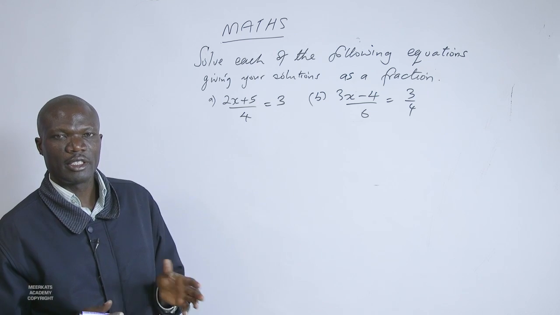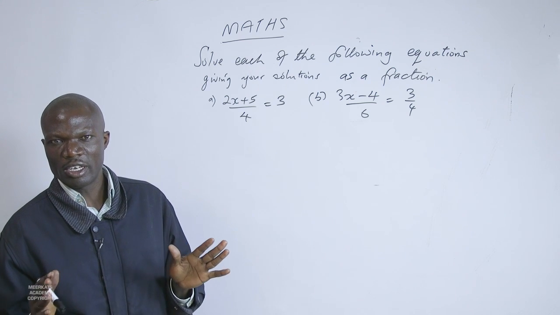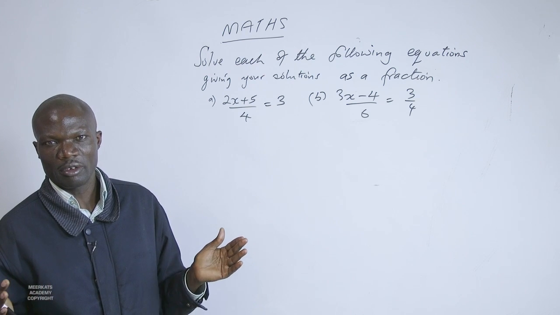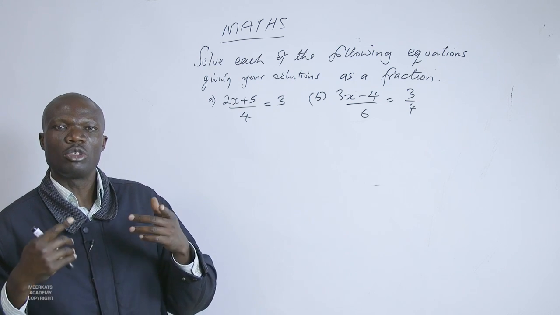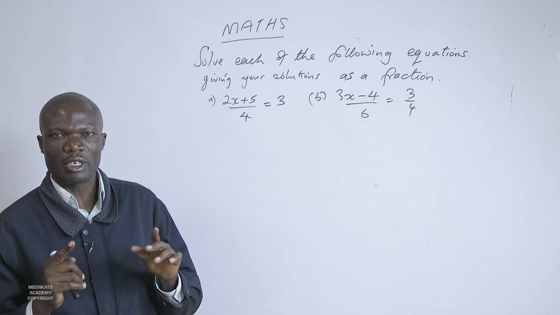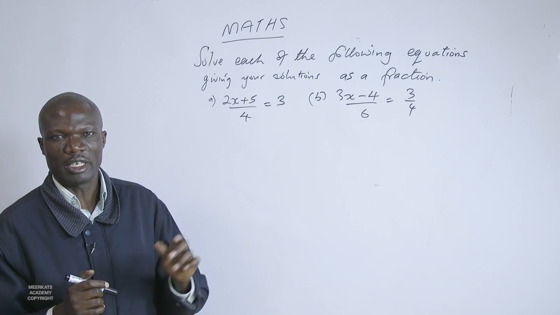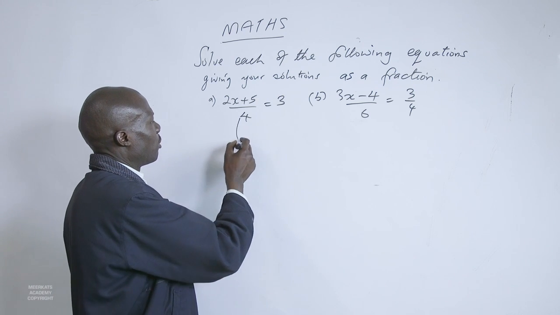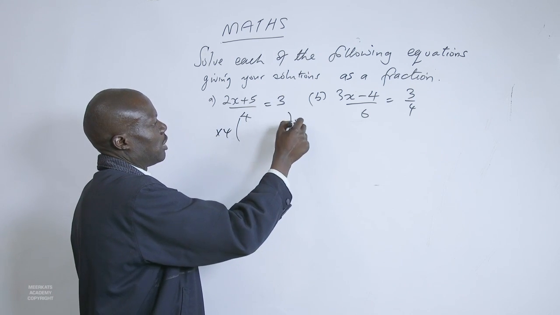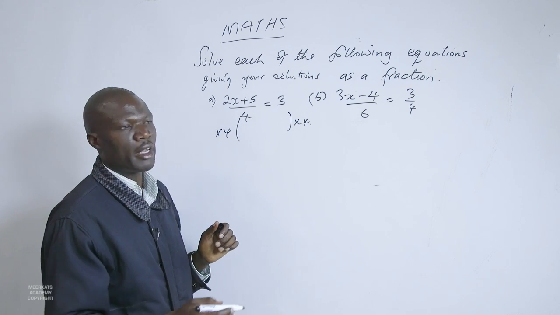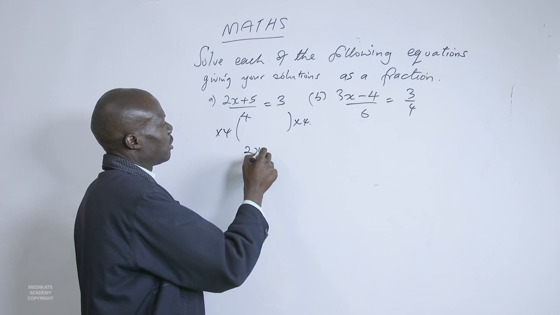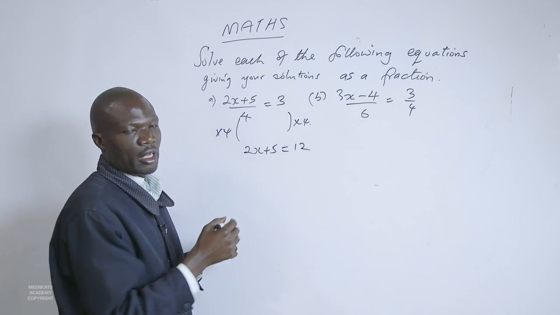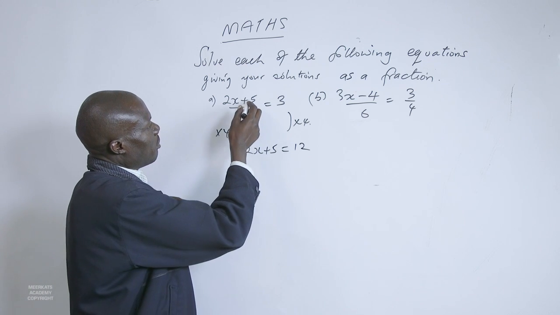When you look at this, the left-hand side, you'll identify that the whole of that part forms a fraction. If it forms a fraction, we shall approach it by removing the denominator, which is 4. To remove 4, we multiply by 4 on both sides, so that we remain with 2x + 5 = 12.